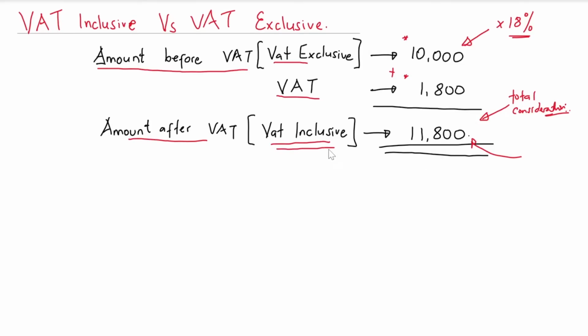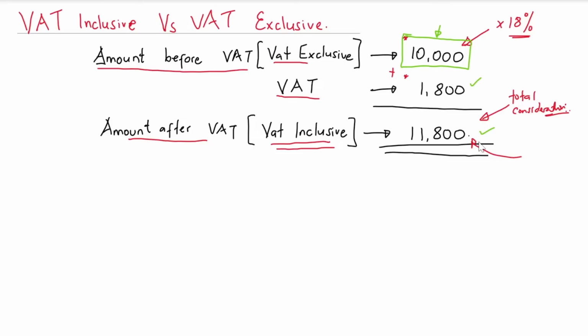Now here is the thing. In practice, you're not always going to find all this information full like this. Sometimes you're going to find that you just have the figure for VAT exclusive, and you're required to find the VAT and the total.